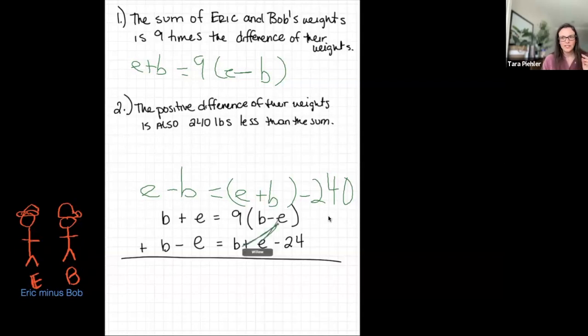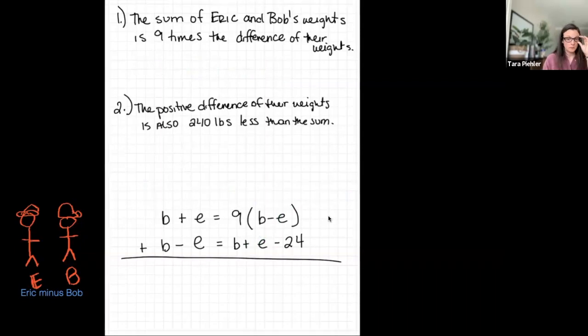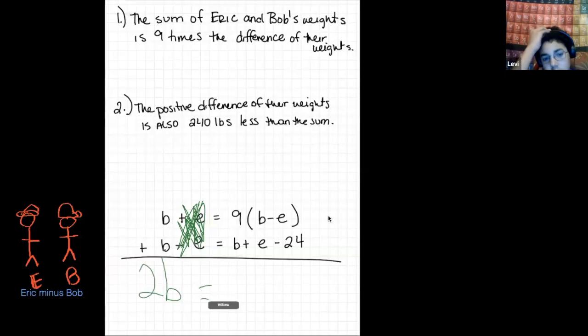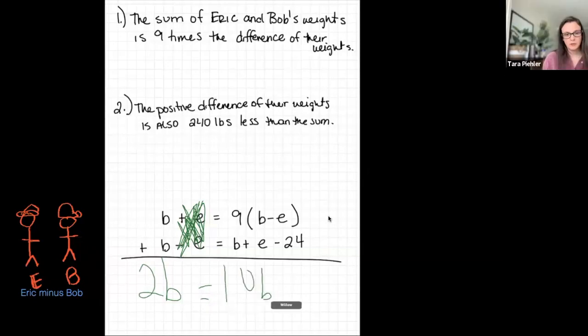So this is easy, right? Can we eliminate a variable? Yes. The first thing we would have to do is get all the variables on one side of the equation.